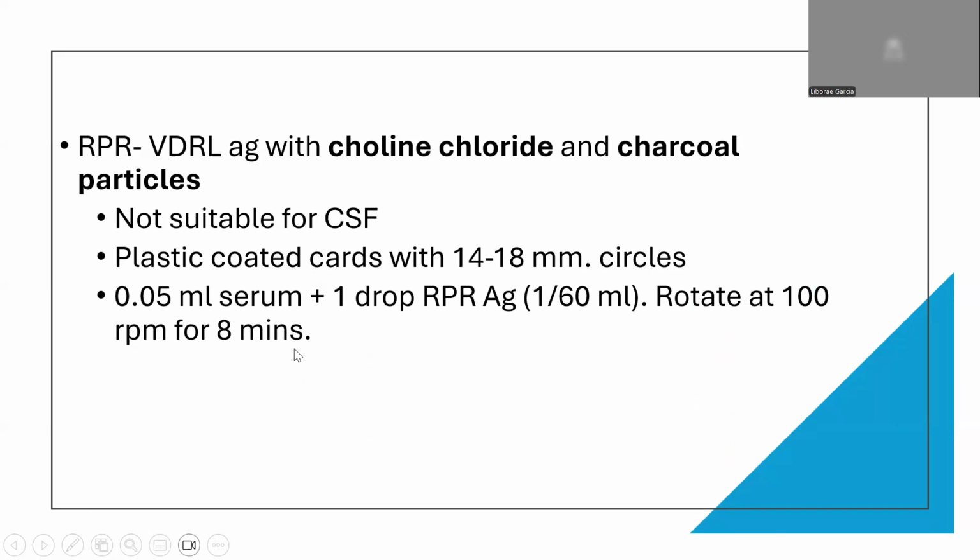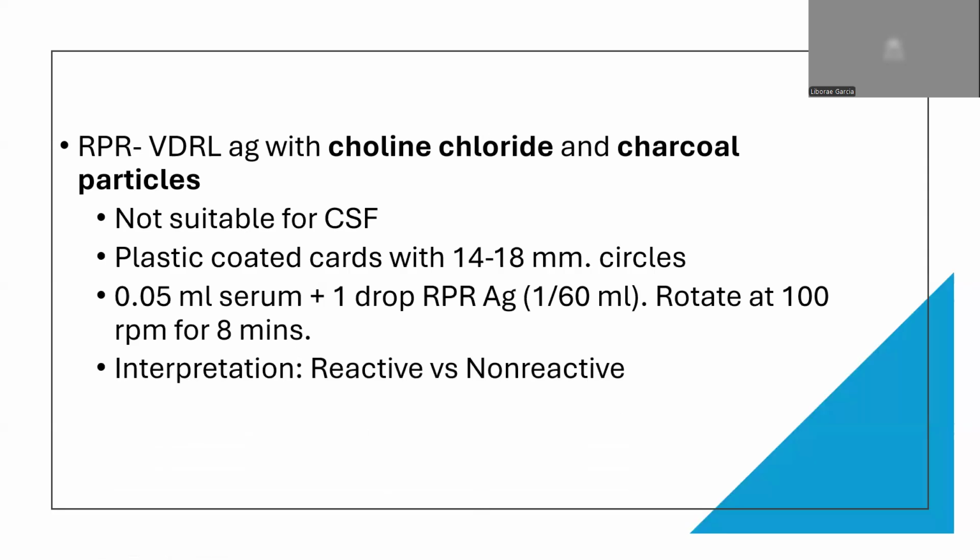For interpretation this time, you do not read weakly reactive. You just read reactive versus non-reactive. For the quantitative, what you will consider as the titer is the reciprocal of the highest dilution that showed a reactive result, not a weakly reactive result.